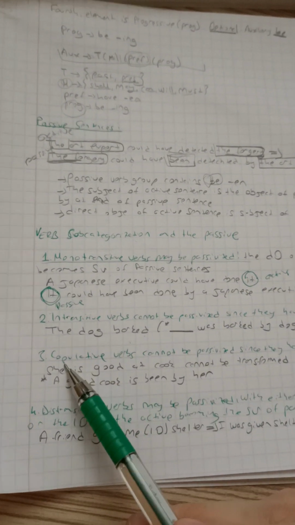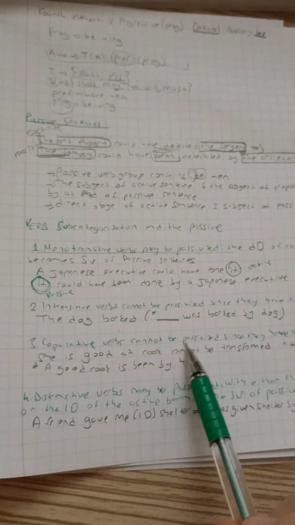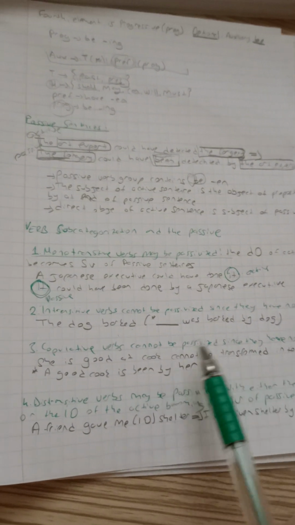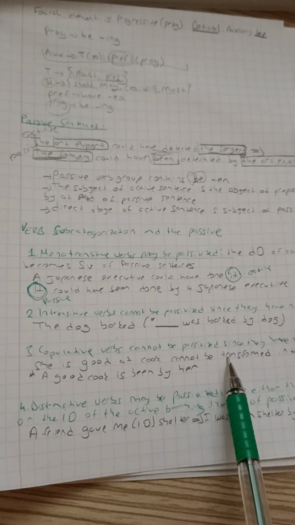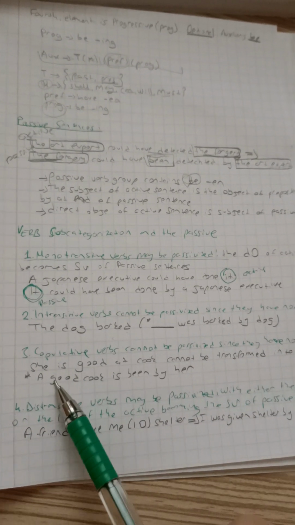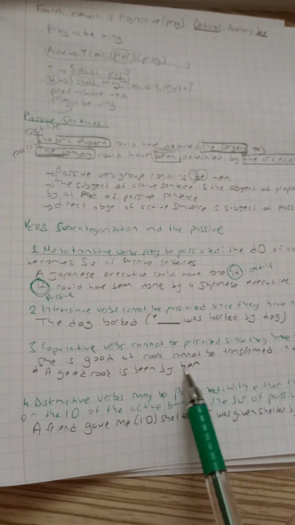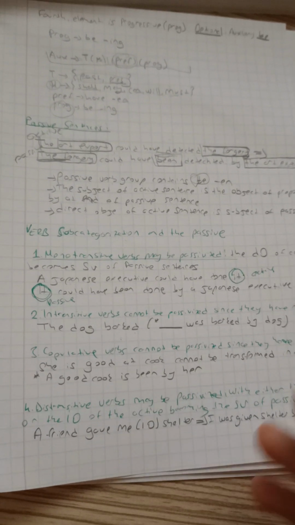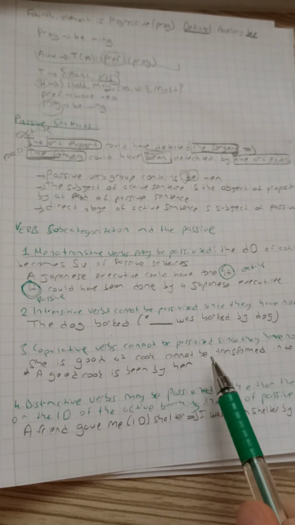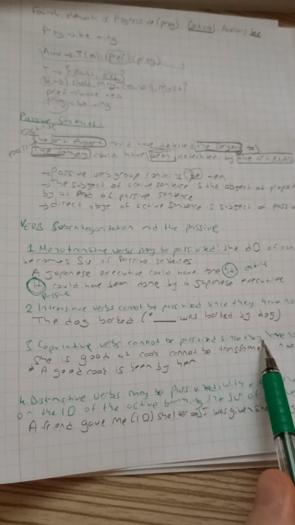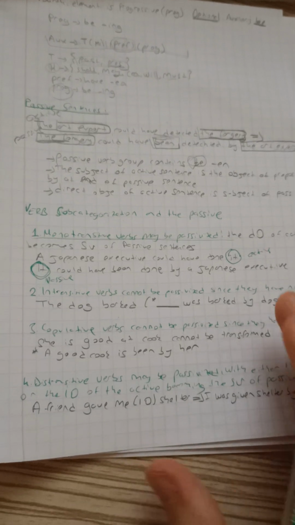And the third rule is copulative verbs cannot be passivized since they have no direct object. For example, she is a good cook cannot transform into a good cook is being been by her. Copulative verbs cannot be passivized because, as in this example, they have no direct object.